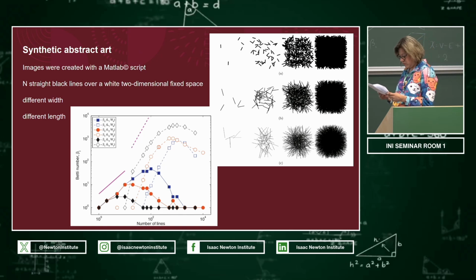The figure shows the behavior of beta 0 and beta 1. The filled symbols represent the behavior of beta 0, and the empty symbols represent beta 1, changing the width of the lines.